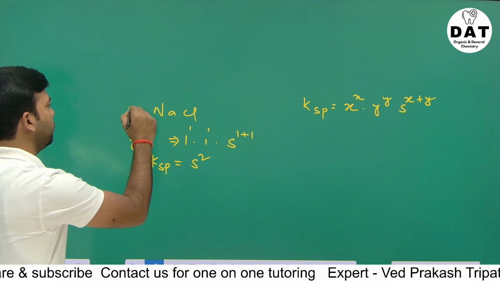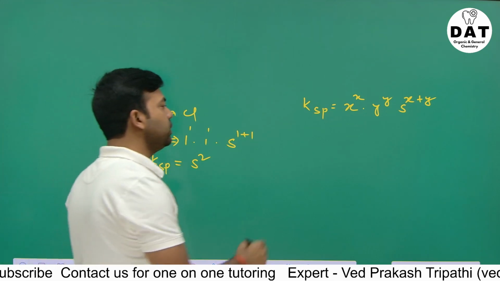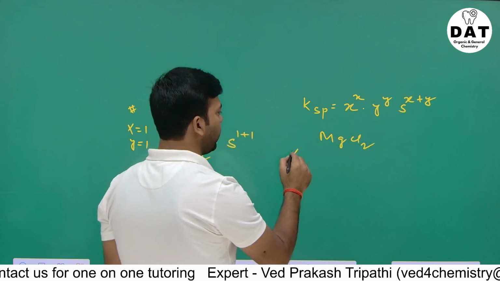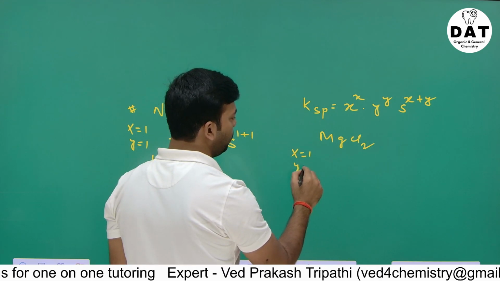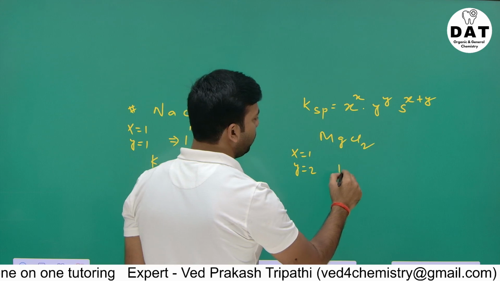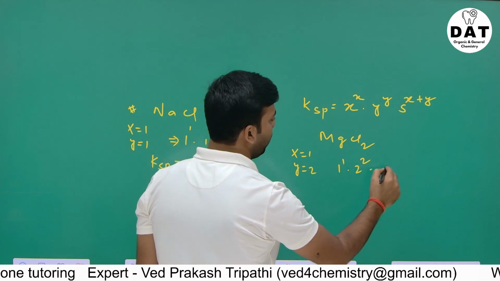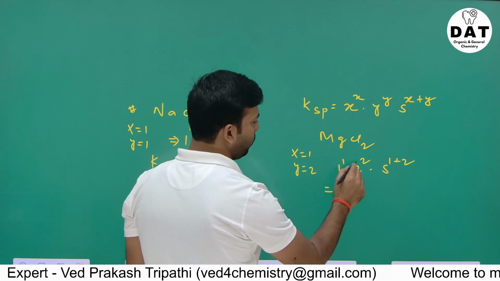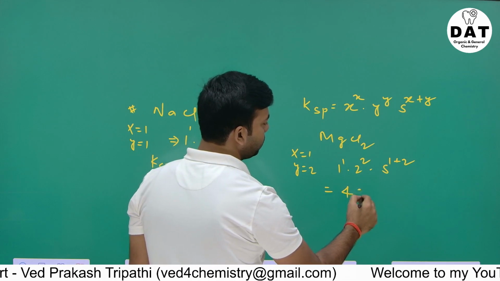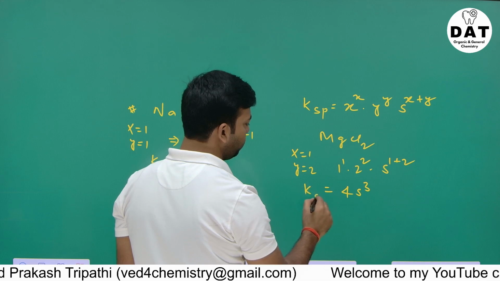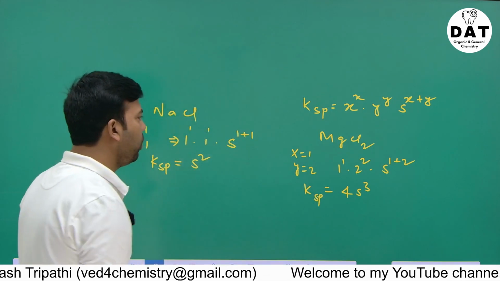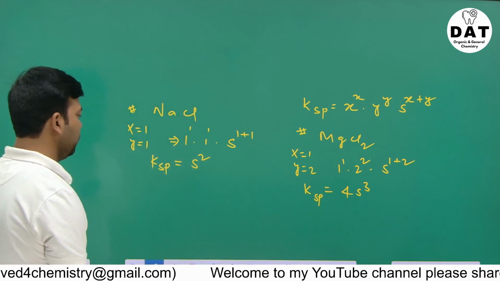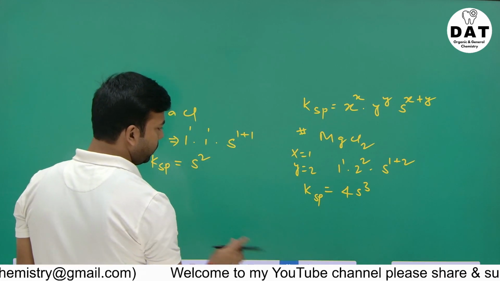So this is the KSP for NaCl. Suppose we have MgCl2. So in this case, x is my 1, y is my 2. So what it should be? 1 to the power 1, 2 to the power 2, s to the power 1 plus 2. So how much? 4. 2 to the power 2 is 4, s cube. That is my KSP. Clear? For MgCl2 salt. Anything, suppose you have this one.